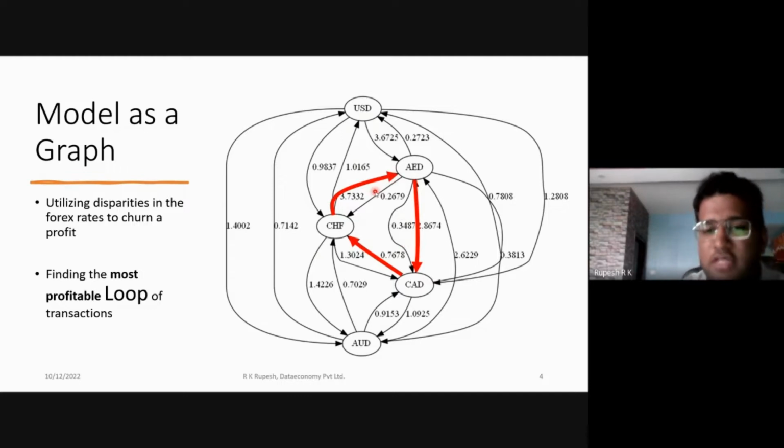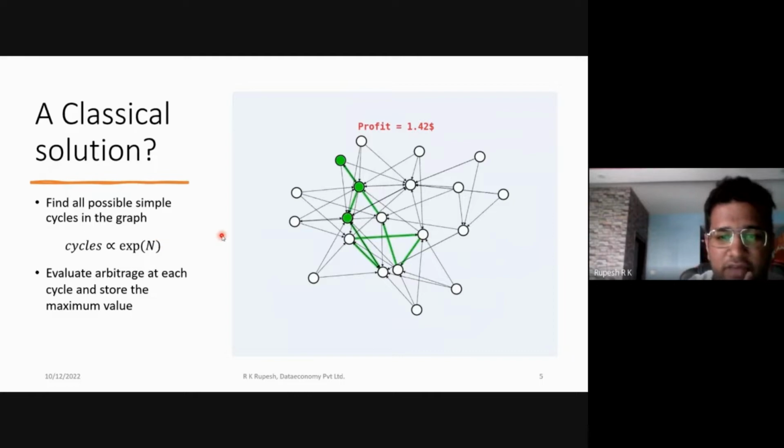So how can we solve this problem? Now, the classical way, using classical computers, is a sort of brute force approach. We list down all of the cycles, we go over each cycle in the graph, and for each cycle, we evaluate what our profit is. But it's fairly easy to show that the number of possible simple cycles grows exponentially with the number of currencies.